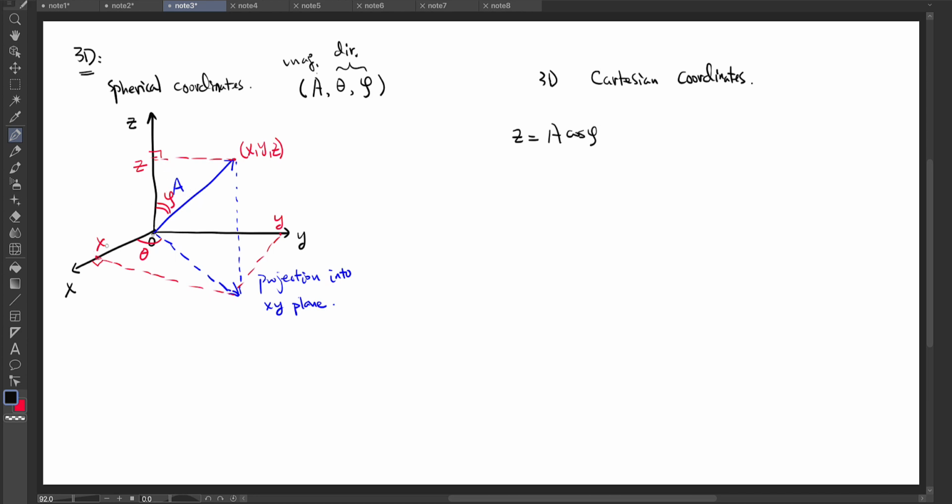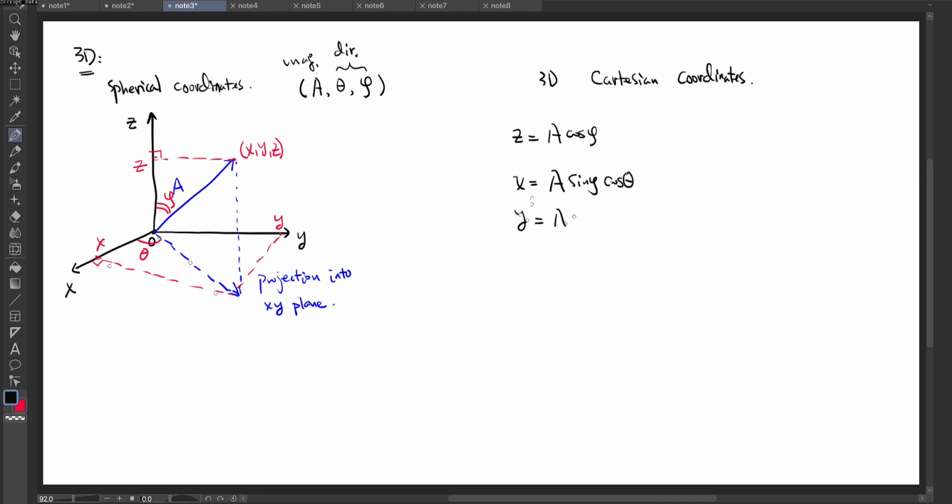Now the second quantity, x, comes from first projecting A to this opposite side, which is A sine phi, and that is the same as this line. Now I need to further project it to the x-axis, cosine theta.